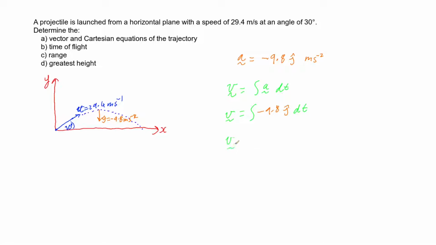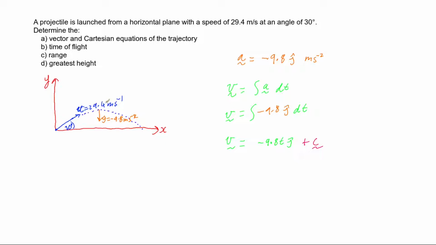There's no horizontal value in this integral, but that means we're going to have some initial values. We'll get to that later. But our vertical is going to go to negative 9.8t in the j direction. And we've always got a plus c, but it's a c vector. My initial velocity is what's going to give me my plus c and complete my velocity vector.